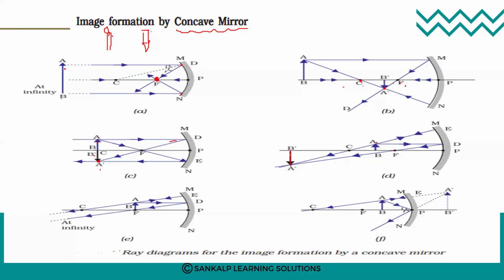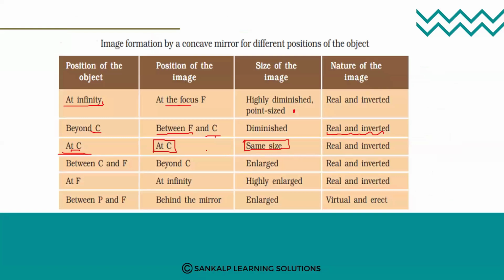Therefore, the image will form here, that is A dash B dash. When you place your object between C and F, then the position of the image will be beyond C and it is enlarged. The image is a little bigger than the object, that is enlarged, and it is also real and inverted, remember.